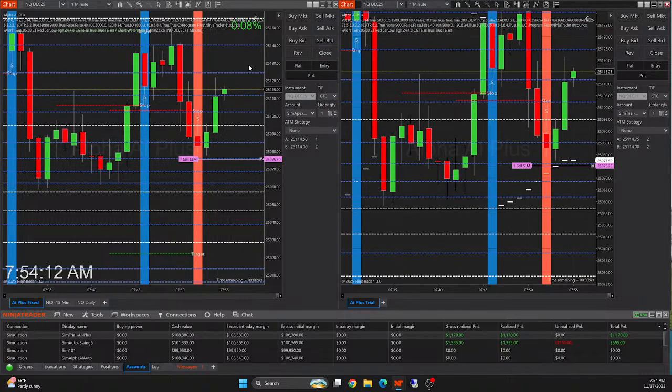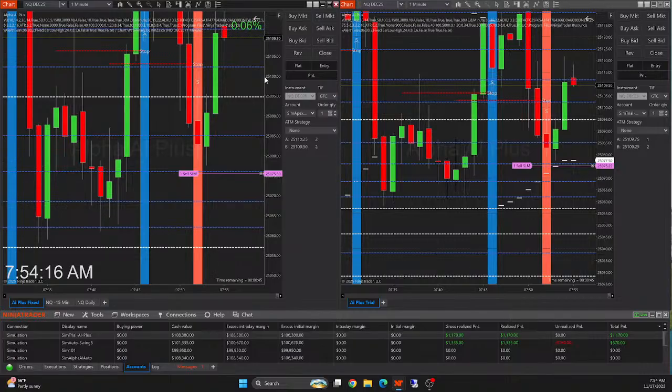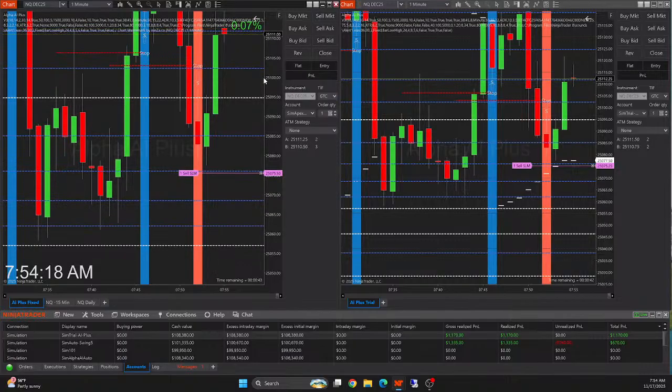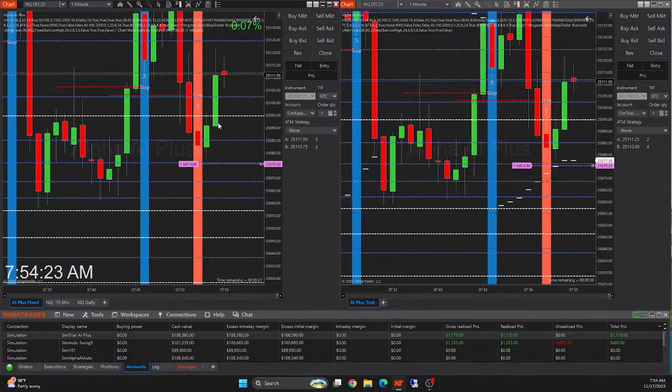Again, market didn't touch it. And again, 5 bars.